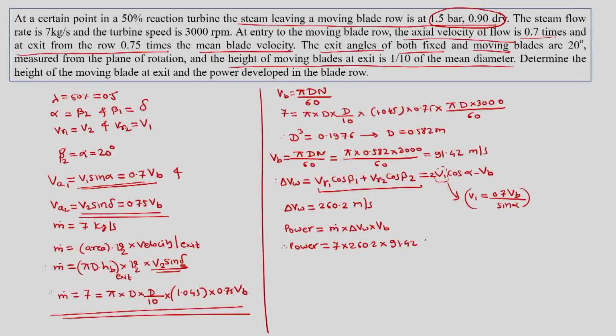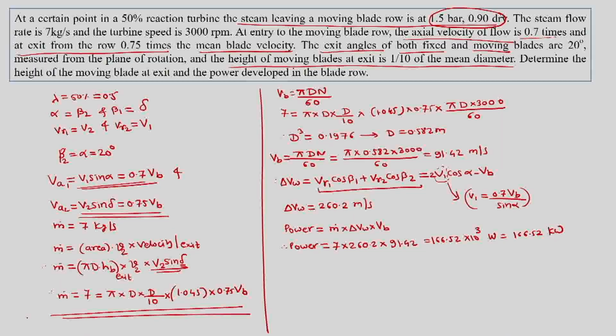So we get 166.52 into 10 to the power 3. So it is in watt, which is equal to 166.52 kilowatt.